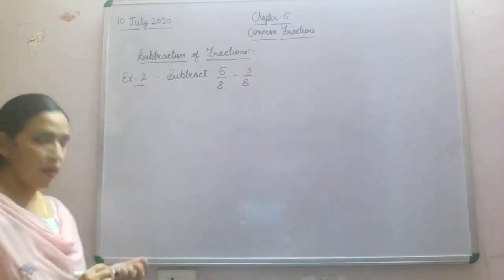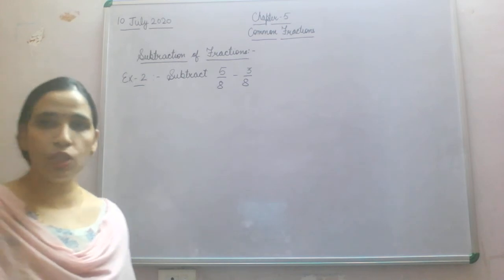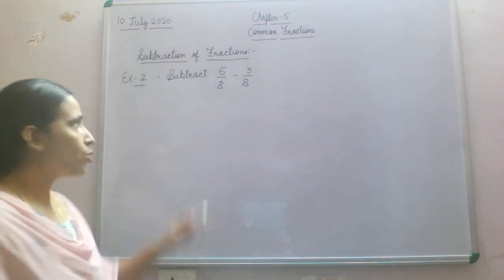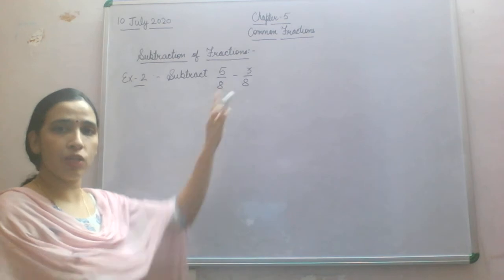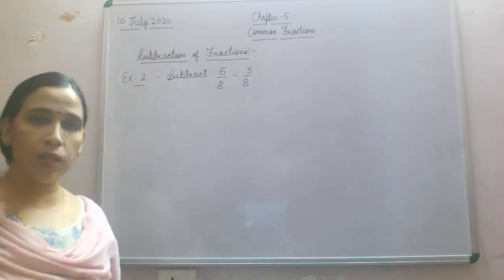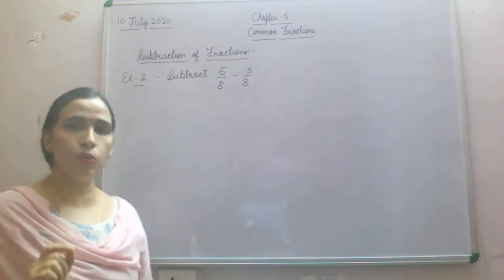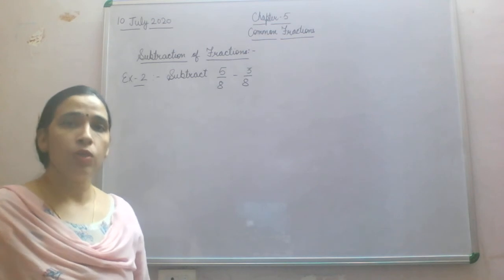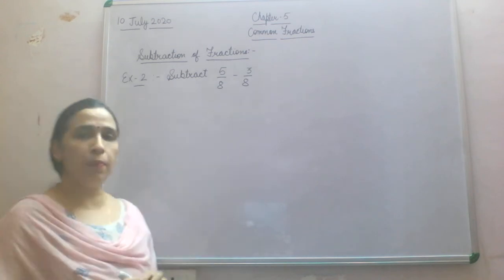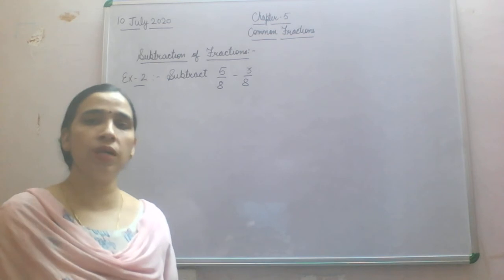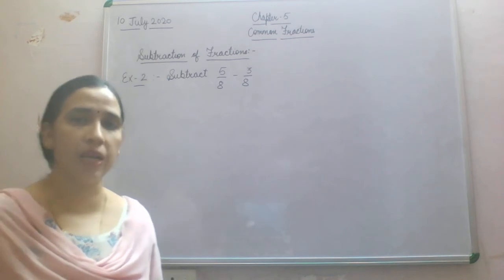So in this, what do you have to do? You have to do subtraction of fractions. Here the symbol of subtraction is there. It means you are supposed to do subtraction. With this symbol we will be able to know which operation we are going to perform on the given fractions.